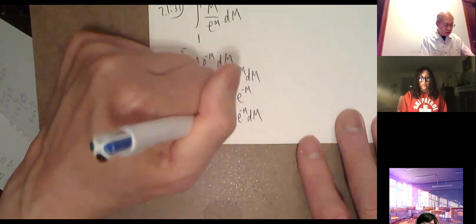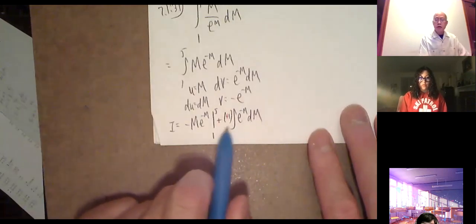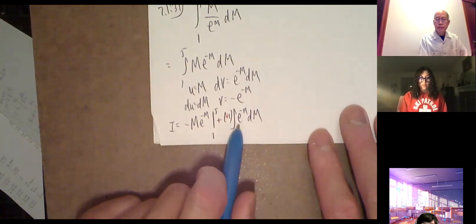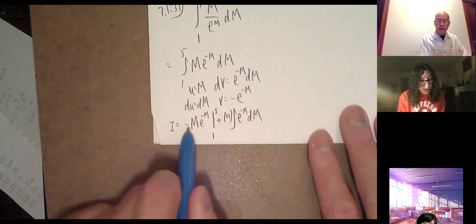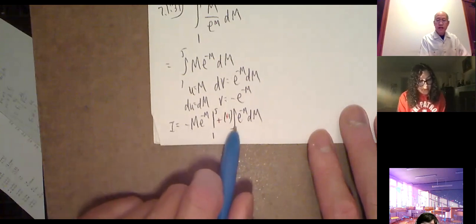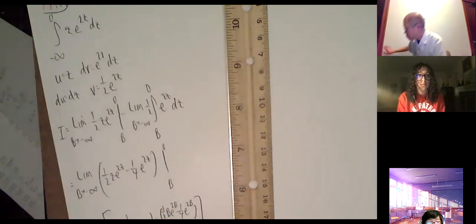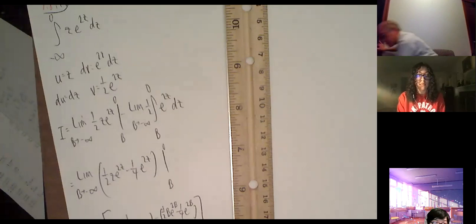Okay, I reached the bottom of my paper. I got to go back up. But what's the integral of e to the negative m? Negative e to the negative m. Okay, so I'll copy that, but put negative e to the negative m, and then I'm going from 1 to 5. Okay, so try to get all that here. Whoops, my paper flew away.